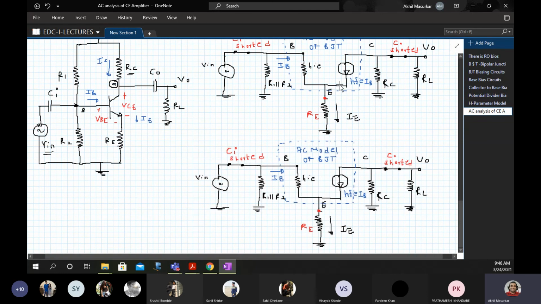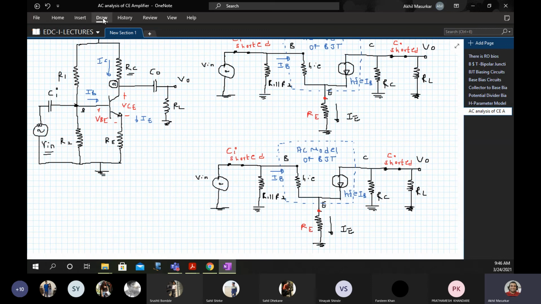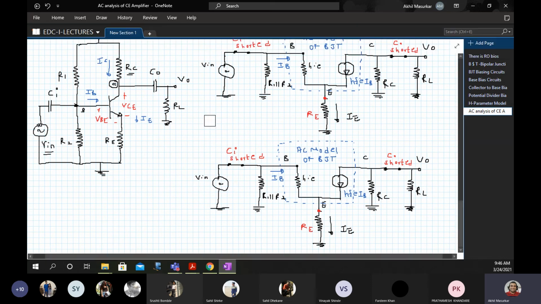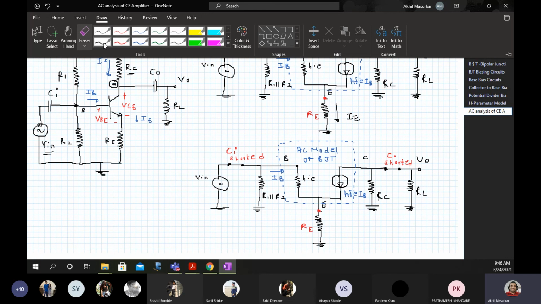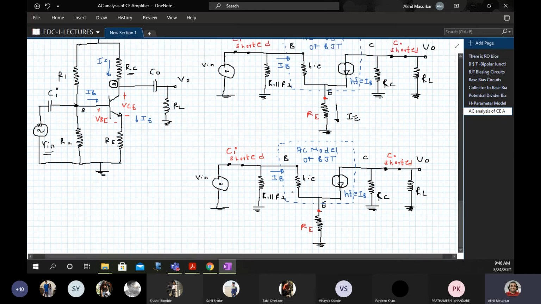So in this case, if I want that the current flowing through this is IE. Now if I want that the current flowing through this should be IB, then you must understand that IC is a bigger current as compared to IB.